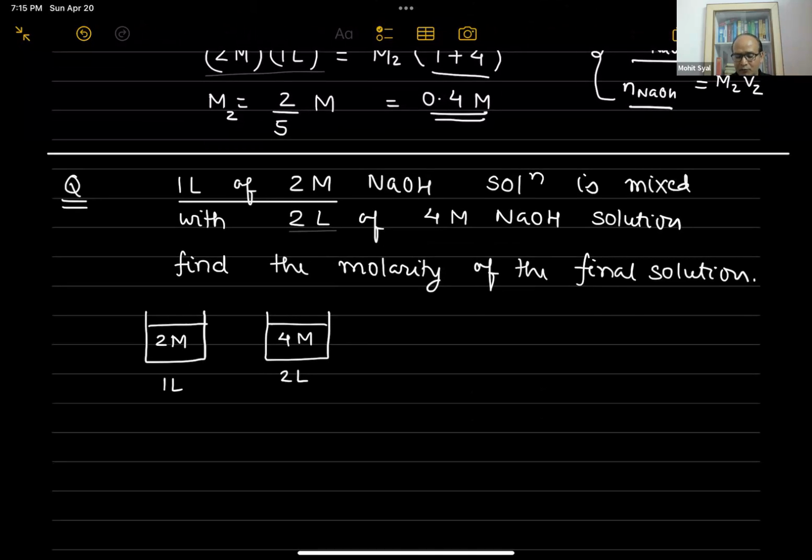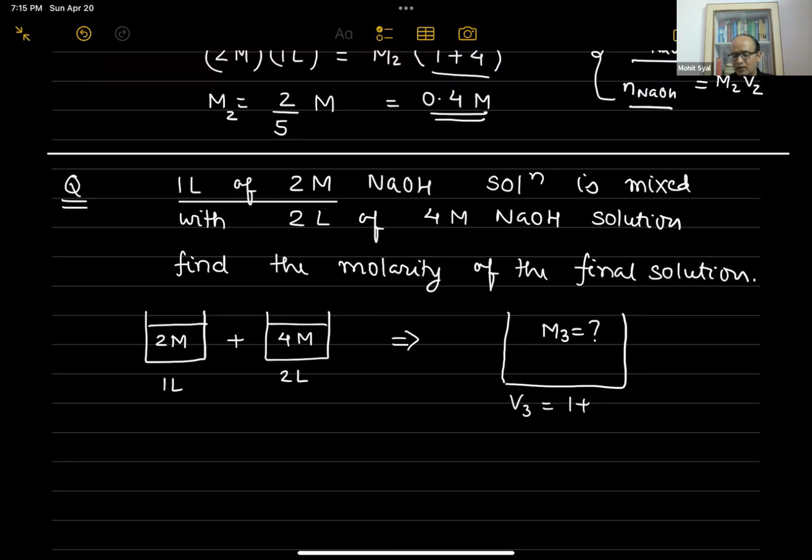Okay, you mix them together and you get a final solution whose molarity is M3. You don't know it, but you can make out the volume. What will be the volume? 3 liters.